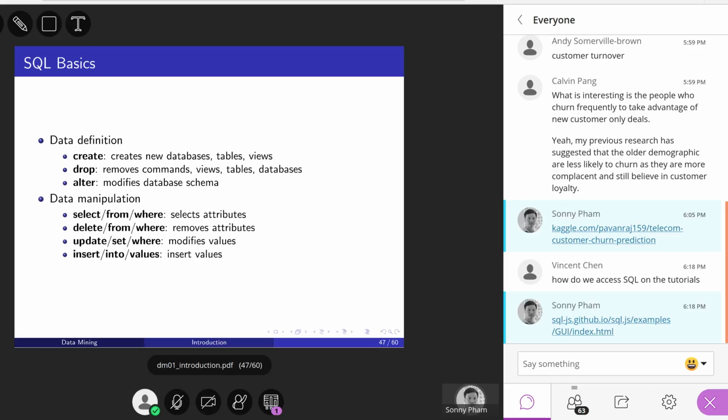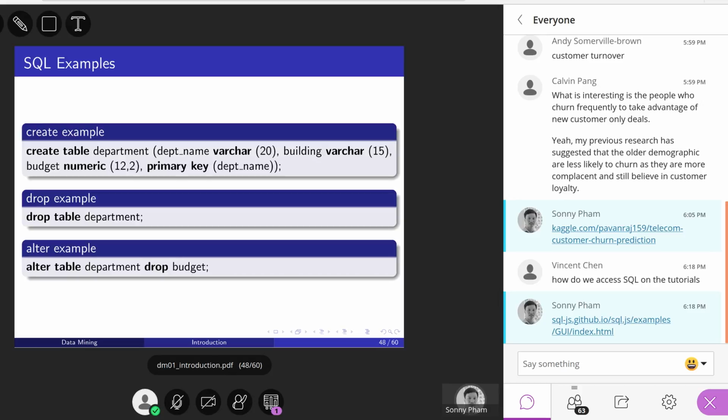So from a data mining perspective, that is what I would like you to know in a bit more detail, right? All right, and in the slides here, 48 to 49, 50, there are some examples, right?